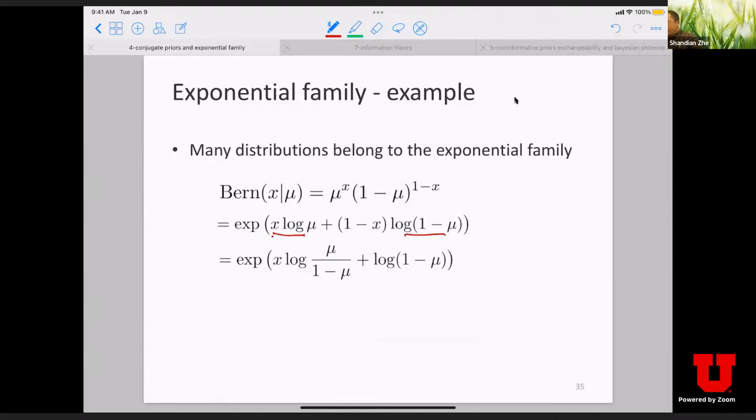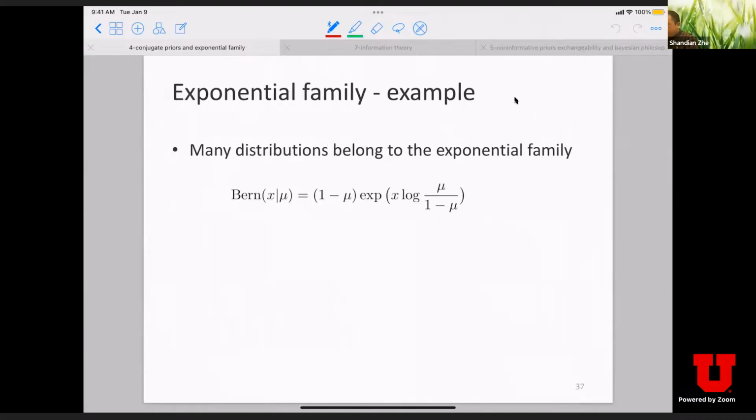If you merge them together, you get x times the logarithm of mu over 1 minus mu, plus the logarithm of 1 minus mu. Then if we put this constant outside of the exponential, multiplying by e to the power of the logarithm of 1 minus mu, you get 1 minus mu times e to the power of x times the logarithm of mu over 1 minus mu.